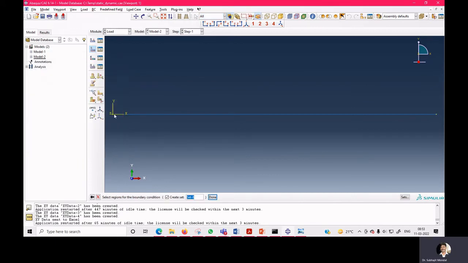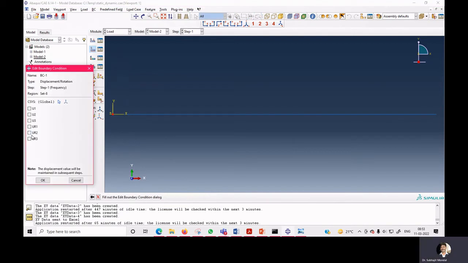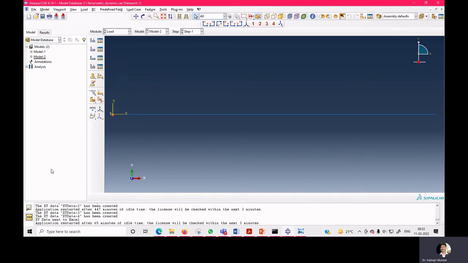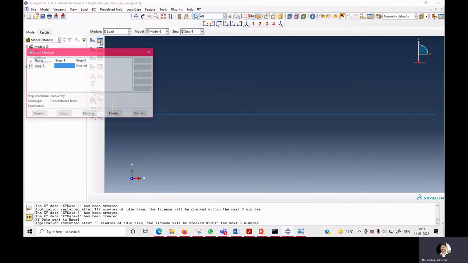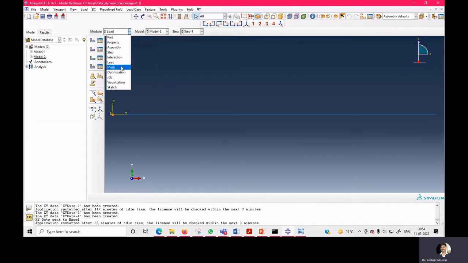In step one, we are providing the boundary conditions here, and we are restraining all the degrees of freedom. So here we have applied a unit load in step 2, and we have applied the boundary condition in step 1.